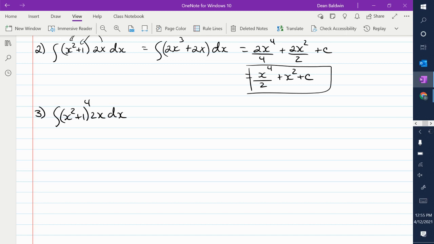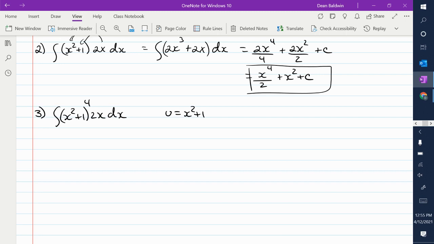So now you would do U-substitution. Okay? So what is U going to be? X squared plus 1. 99% of the time, U is what is inside the brackets to the higher power. Okay? So we go U equals x squared plus 1.